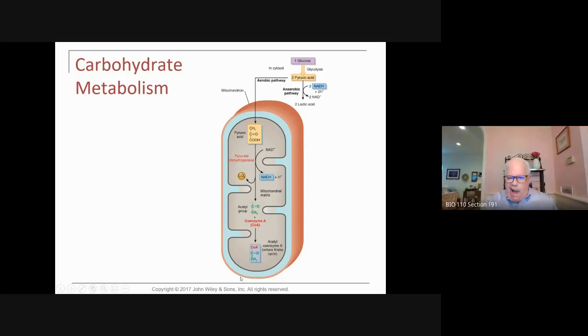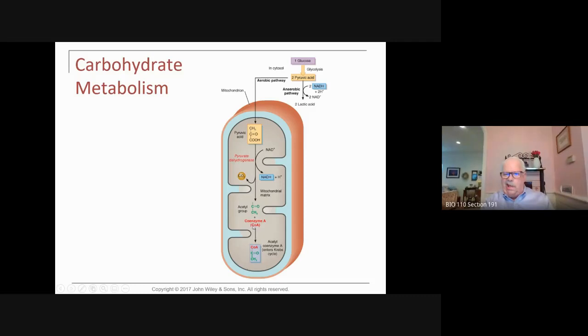This is the mitochondria. And in an aerobic condition where there's plenty of oxygen, pyruvic acid will become coenzyme A. And without coenzyme A, you cannot enter the Krebs cycle.